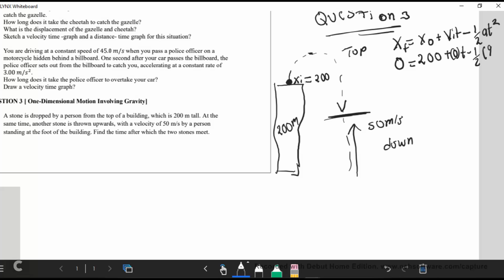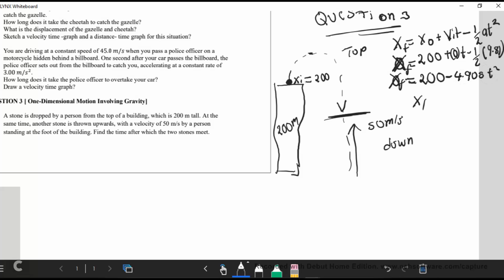Then 9.81 is due to gravity. So it means 0 is equal to, oh sorry, it's supposed to be like that. Finally, it will be 200 minus 4.905 t squared.